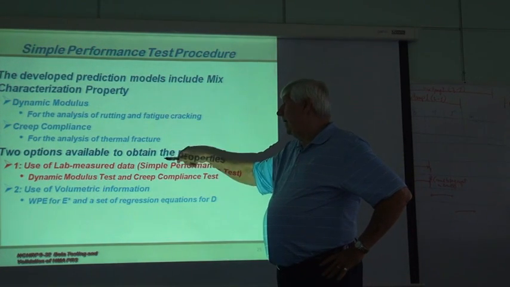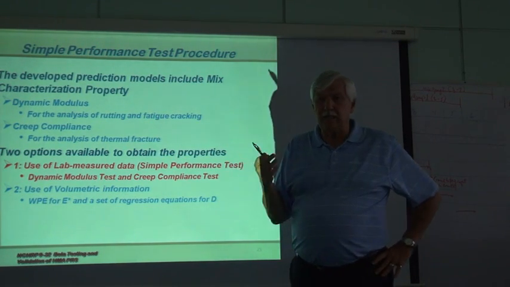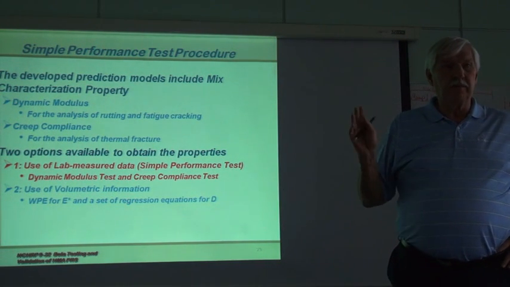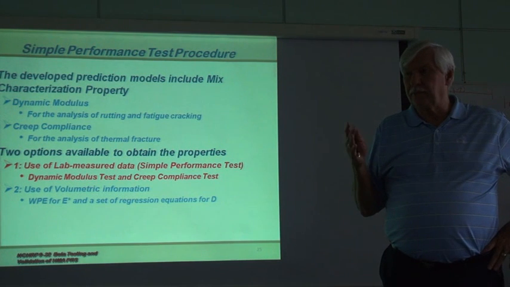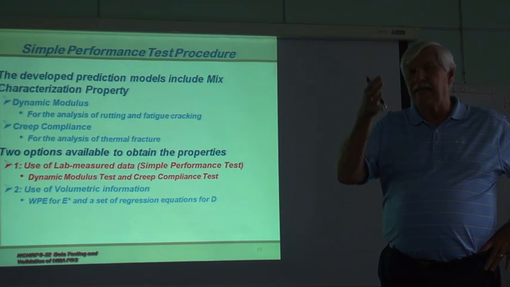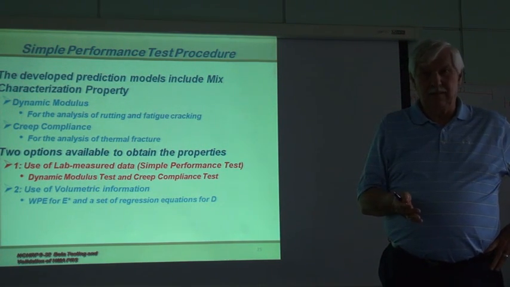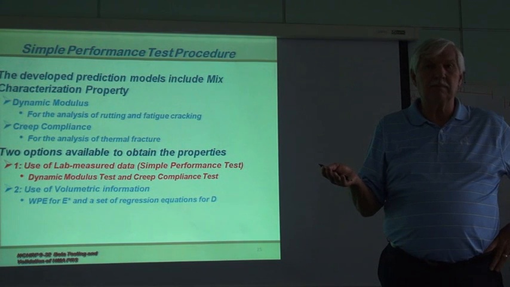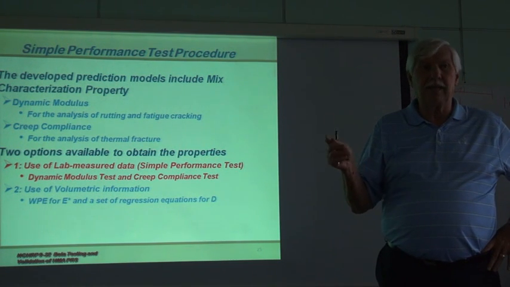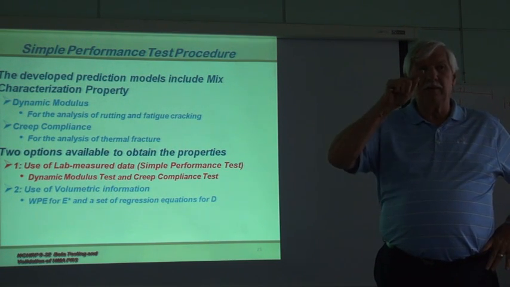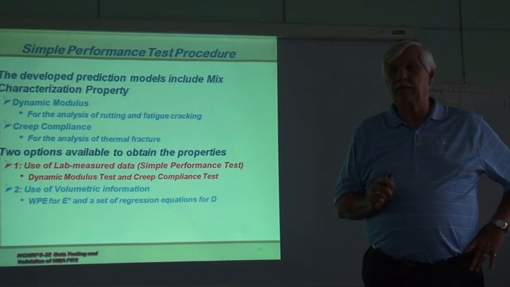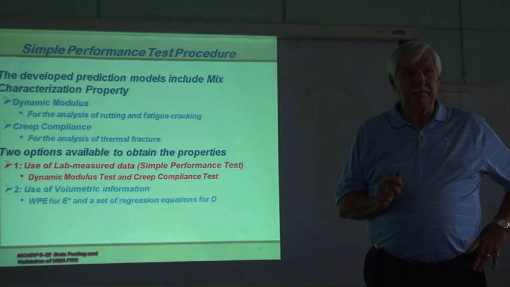In the PRS, there are two ways in which I can get the E-Star value. The first way, if you're familiar with the predictive equation, I take the volumetrics of my mix and input it into what we call the Witczak predictive equation. I happen to know this guy pretty well. And what you can do is generate the master curve just based on the pure volumetrics of the mix.